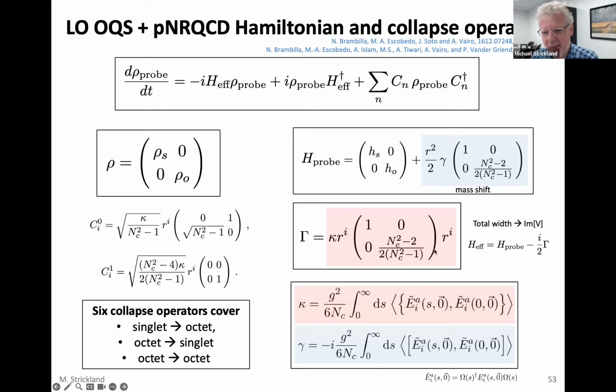So this is the thing: in these two terms, when kappa is non-zero, you have non-unitary evolution. This term always gives you unitary evolution. You have a real Hermitian Hamiltonian here, even with the modification from the mass shift.